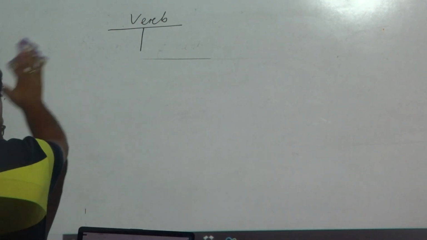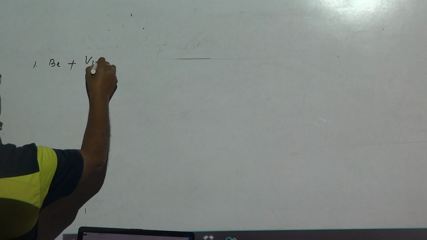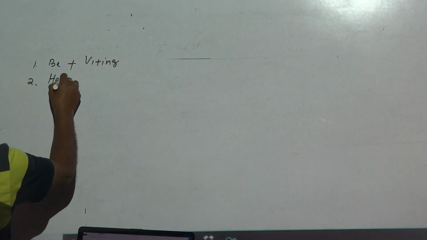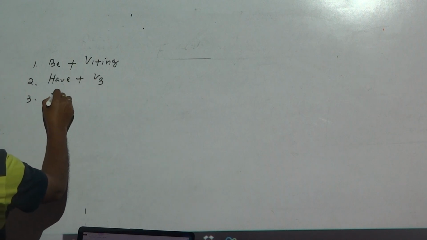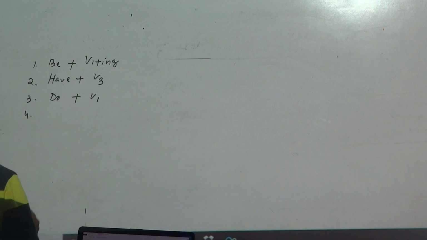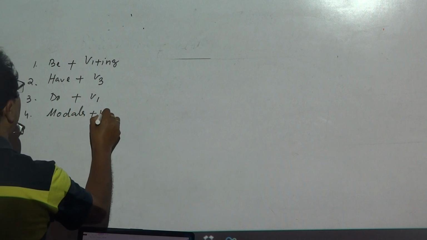Let me write again what we got. First, be verb is followed by V1 ing. Number 2, have verb is followed by V3. Number 3, do verb is followed by V1. Number 4, modals are followed by V1.